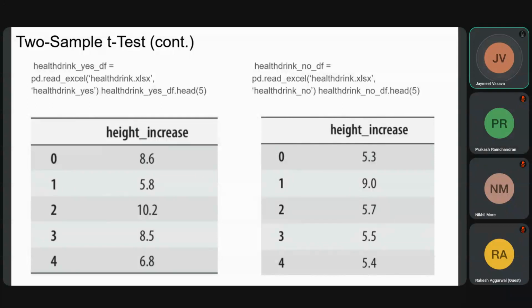One is the group which drinks health drink, we call it health drink yes DF, for data frame. Then for no, the group that does not drink. And when we print the first five records from the respective data frames, this is what it looks like.